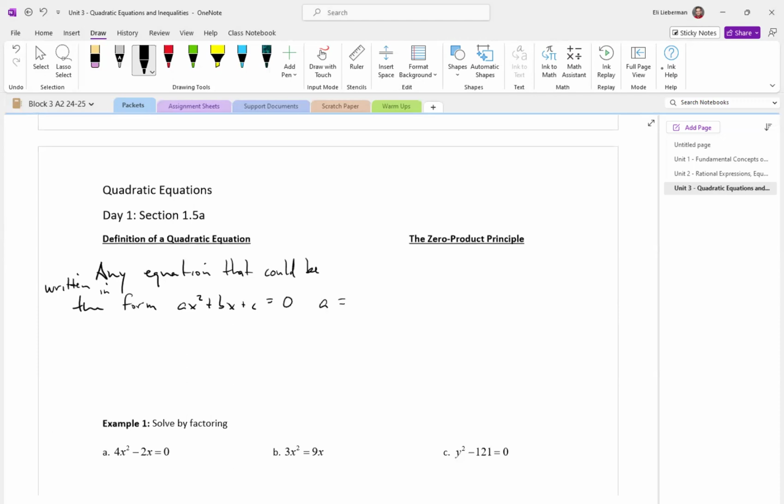And a cannot be equal to 0. If a is equal to 0, what kind of an equation would we have?